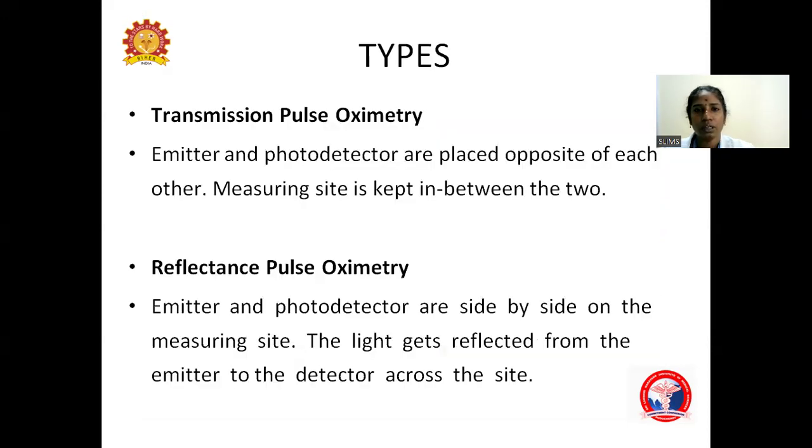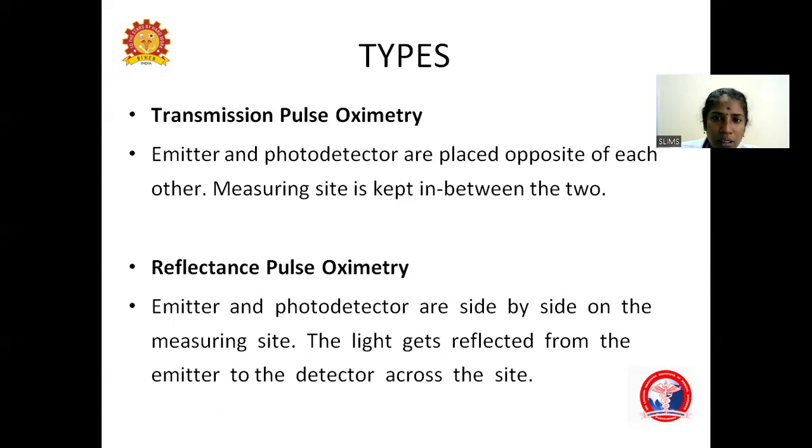So moving on to the types of pulse oximeter. It has two types, mainly the transmitted pulse oximeter and the reflected pulse oximeter. In the transmitted pulse oximeter, the emitter and the photodiode are placed opposite to each other.